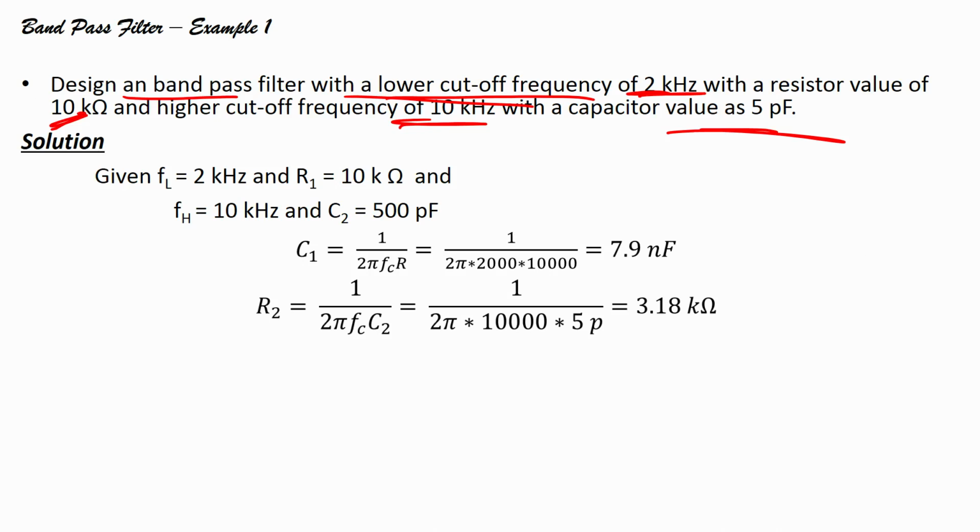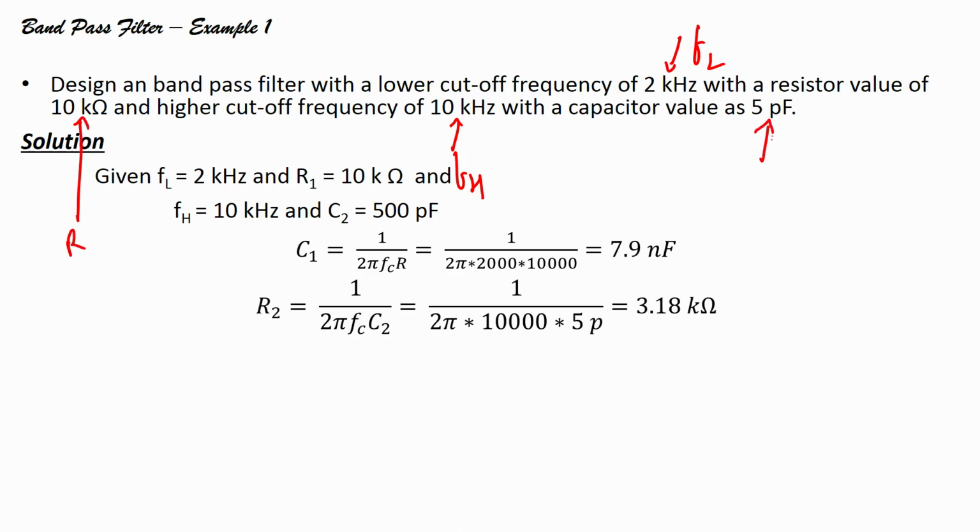FL is given, FH is given; this is your FL, this is your FH. Now, you are given R, which is here. You are given C, which is here.